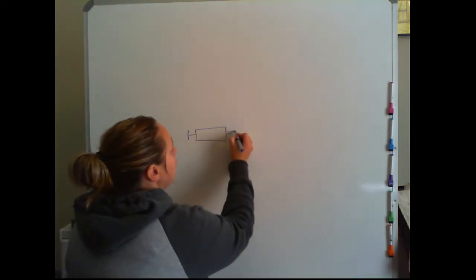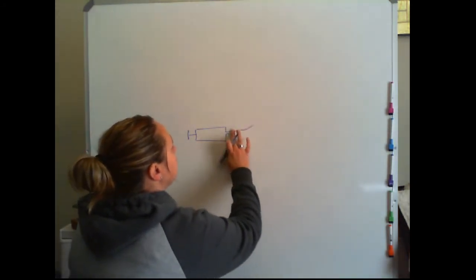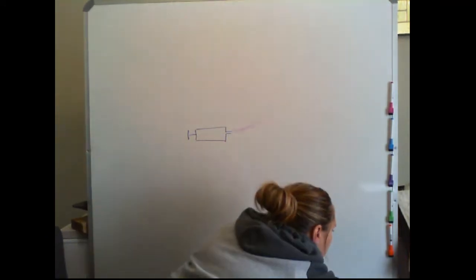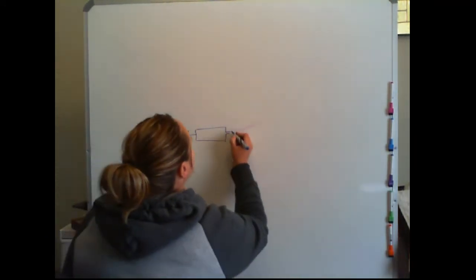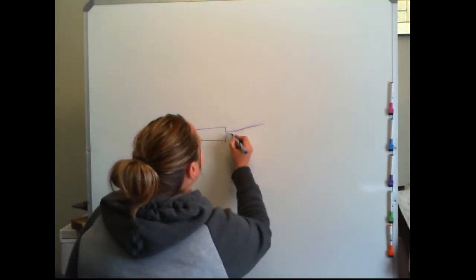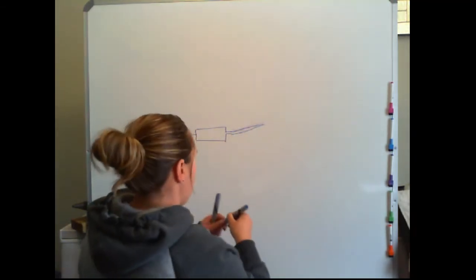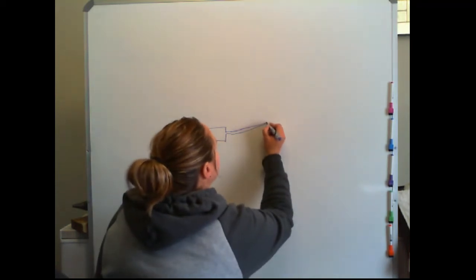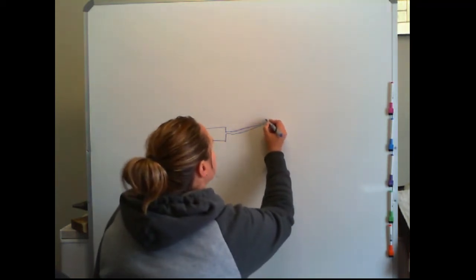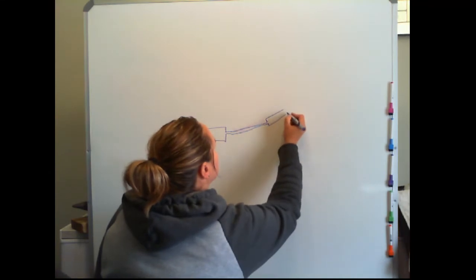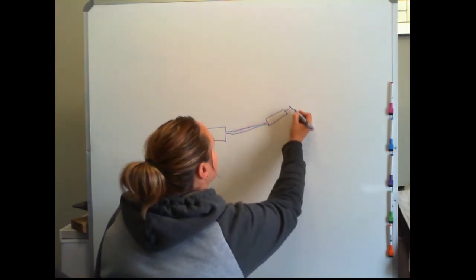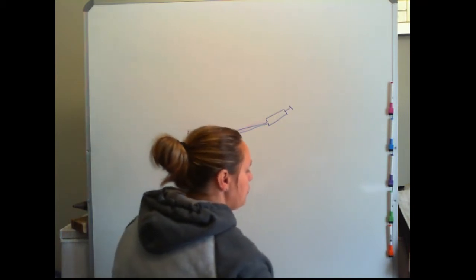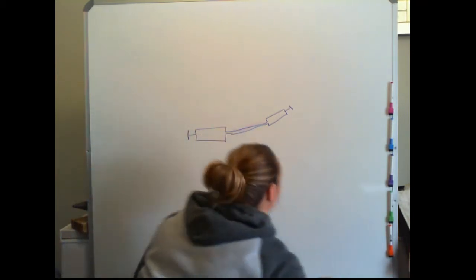Then you draw, let's use a different color, your tubing, and then you have your other cylinder. Then they want you to label them.